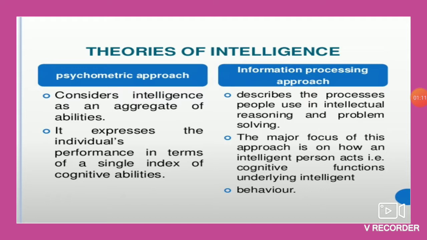Here, in information processing approach, the basic focus is on how an intelligent person acts, and in psychometric approach, the basic focus is on the single set of abilities. So these are the basic two differences.